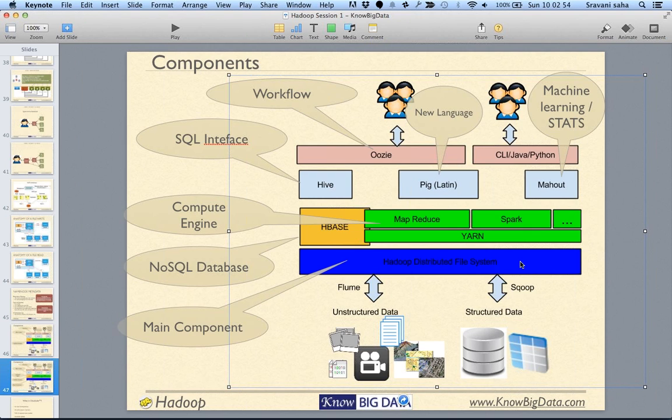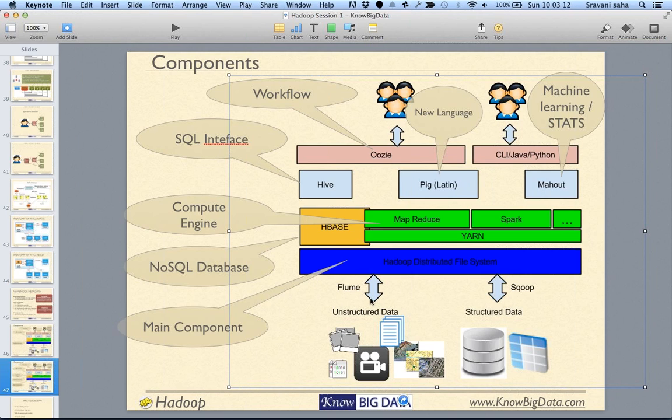MLlib runs on top of Spark, while Mahout used to run on top of MapReduce. Okay, so Mahout is your collection of standard algorithms for various kinds of data science jobs, such as recommendation, machine learning, and other things.